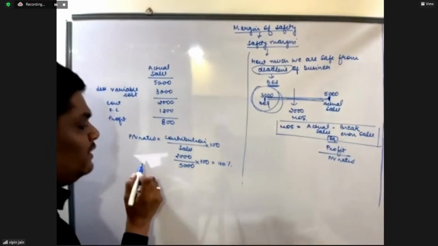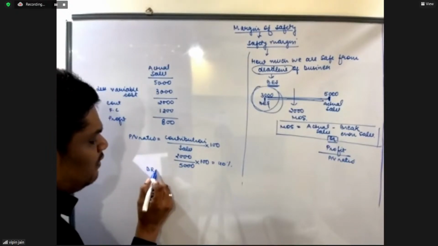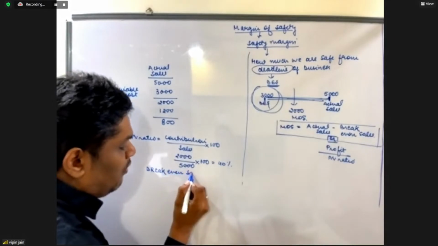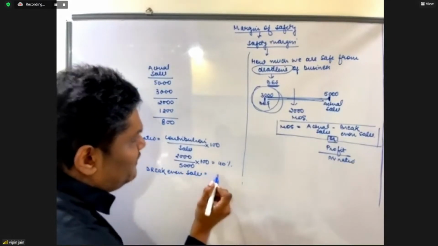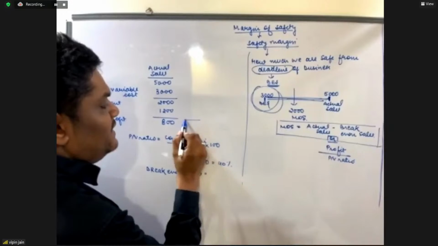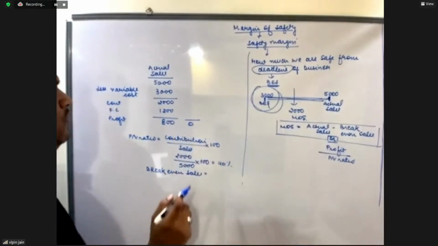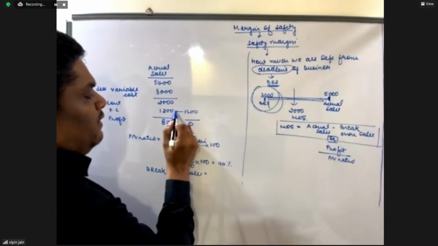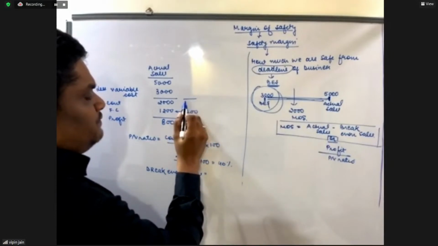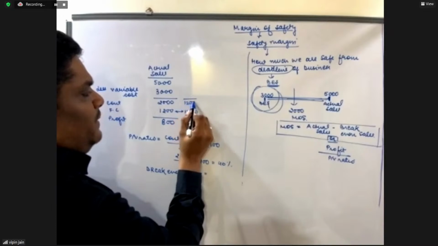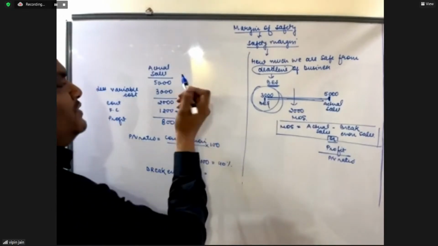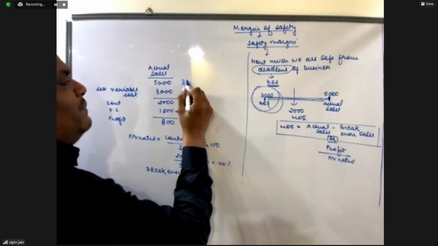Now, when talking about the break-even sales, again the formula we have discussed, that is, at break-even sales, the profit is what? 0. My fixed cost remains the same, that is 1,200. Now this 1,200 is equal to 40%. So how much will be 100%? Very simple, 3,000.